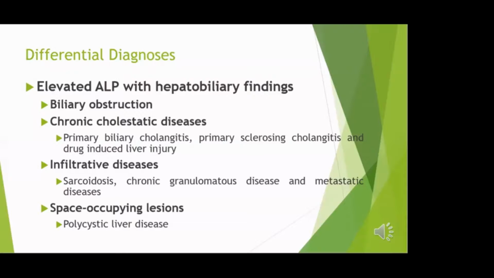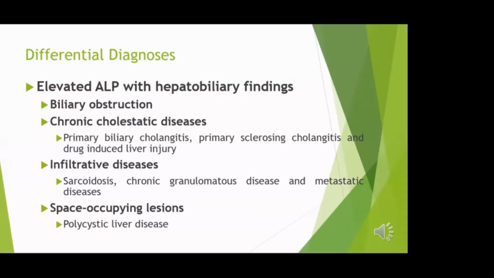It can also happen in infiltrative diseases such as sarcoidosis. In our setting, it can be TB of the biliary tract or TB of the liver, chronic granulomatous disease, and metastatic diseases that cause elevations in the levels of alkaline phosphatase.